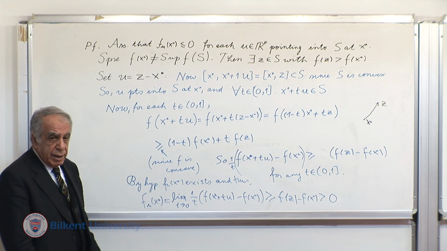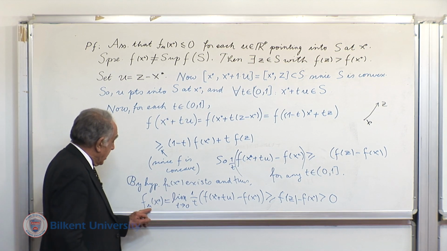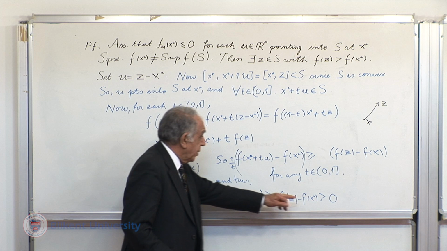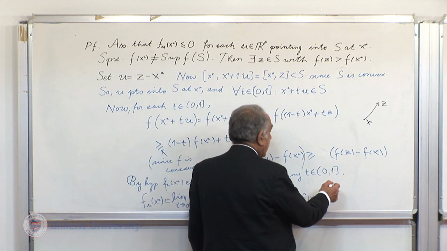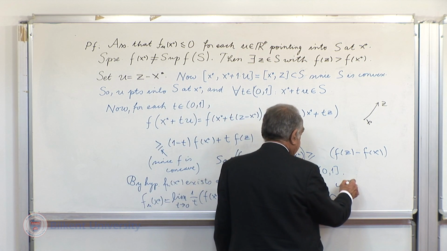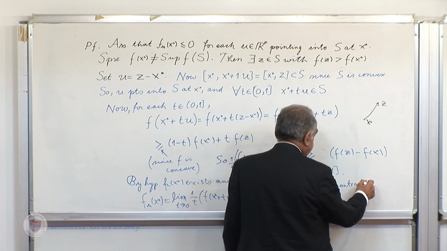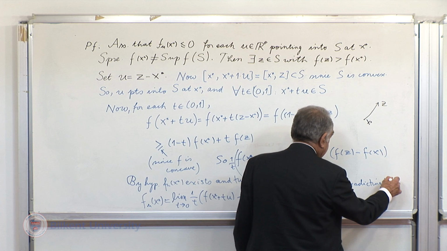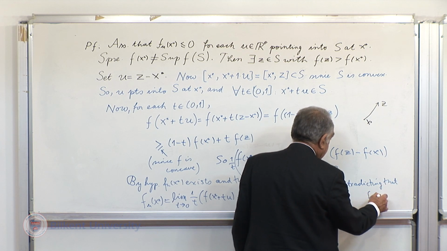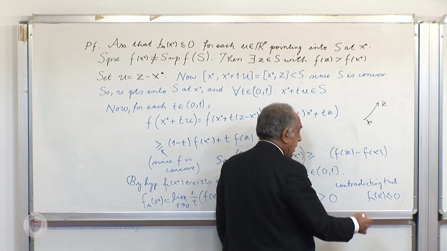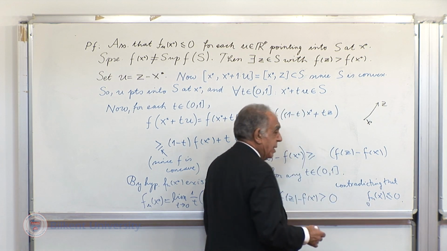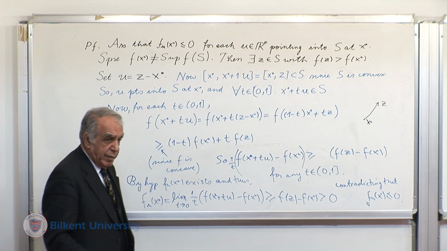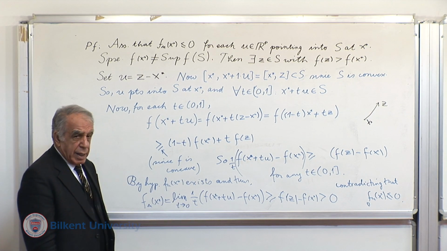That is a contradiction, because f sub u of x star in this particular direction was less than or equal to 0. Well, the convex version is similar, just take the negatives of everything, so you get this result.